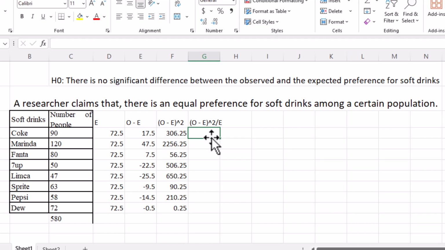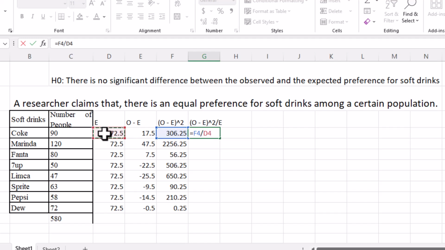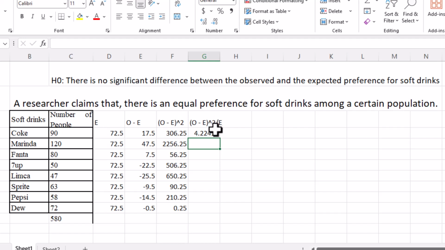So we put our equal sign, bring this cell here, then divide by this. We'll have this number, and we'll drag it across. So we have already divided all the squared difference between the observed and the expected by the expected value.